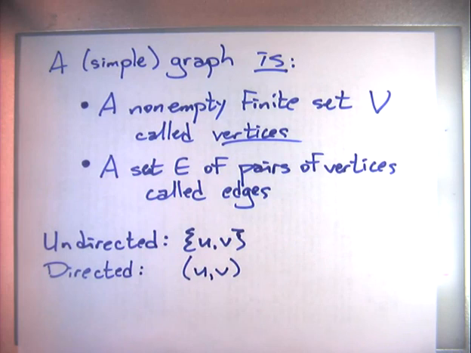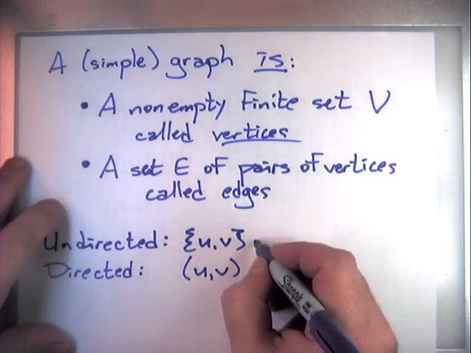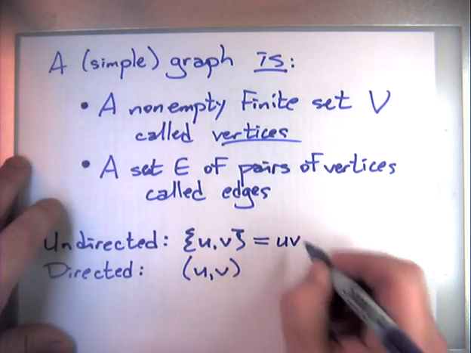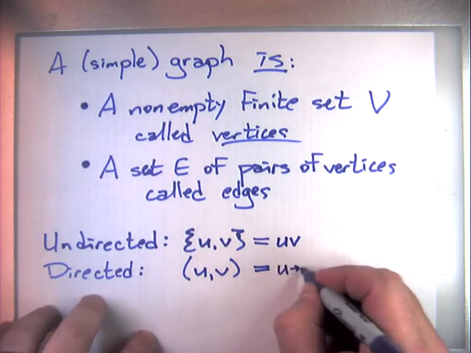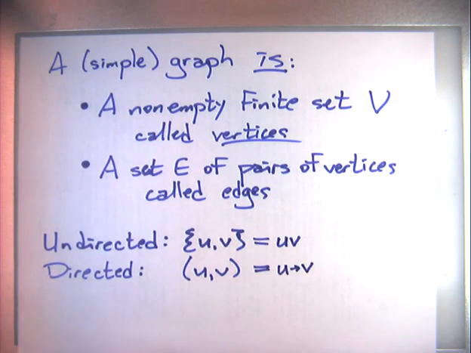There is a first vertex in the edge, and there is a second vertex in the edge, which are often referred to as the tail and the head of that directed edge. Now, to save some notation, normally I will write undirected edges just by gluing the 2 vertices together, and normally I will write directed edges by having a little arrow pointing from the tail to the head.